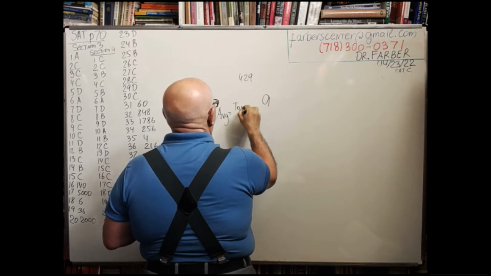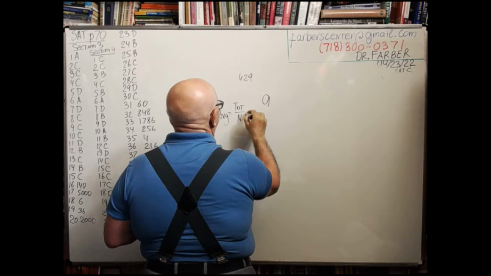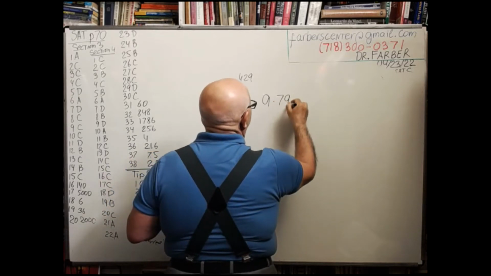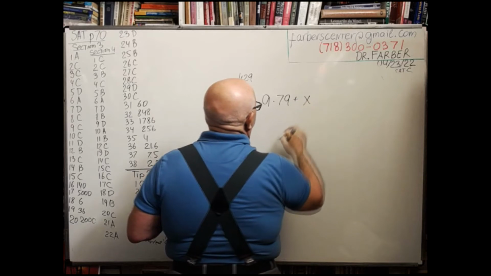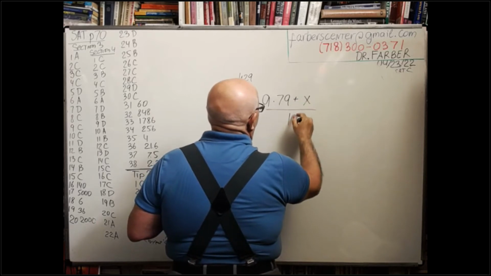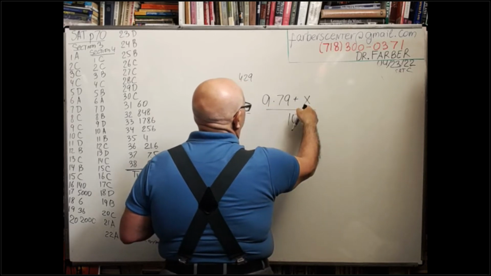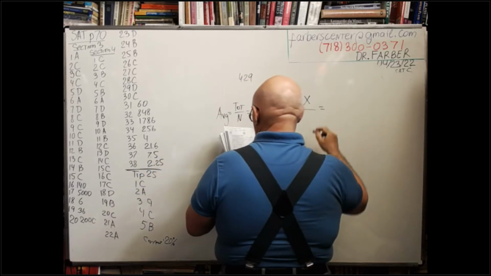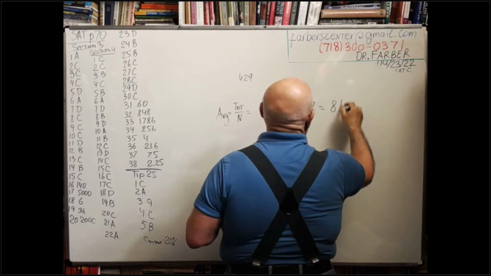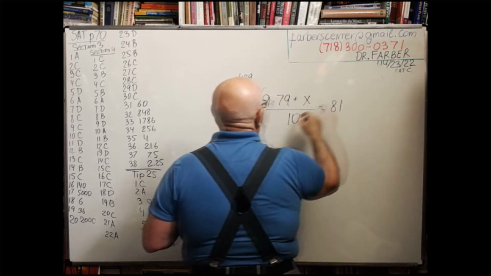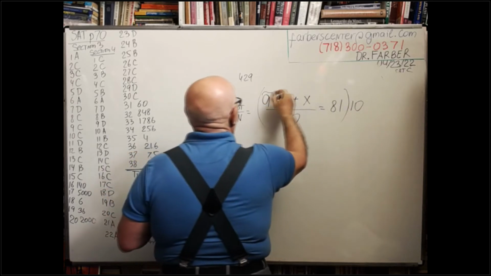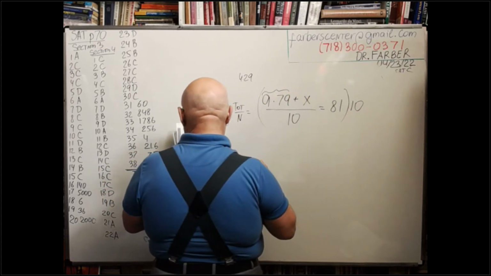Average equals total divided by the number of addends, which is 9 times 79, plus one more test, divided by 10, because this is 9 and one more test. And this must equal 81. If you multiply both parts by 10, the result of the multiplication is supposed to be 711.